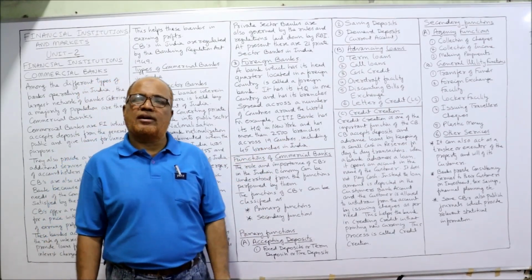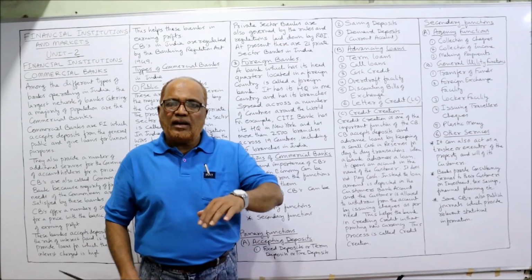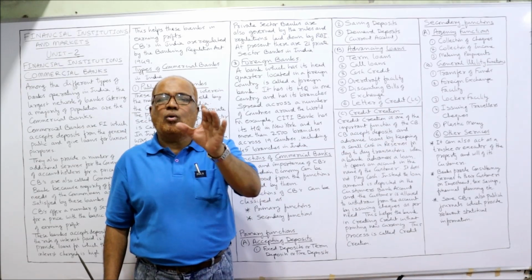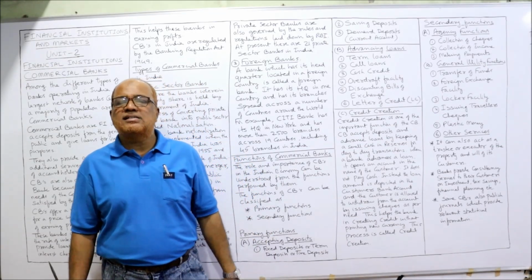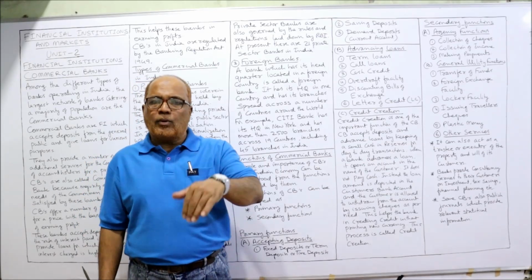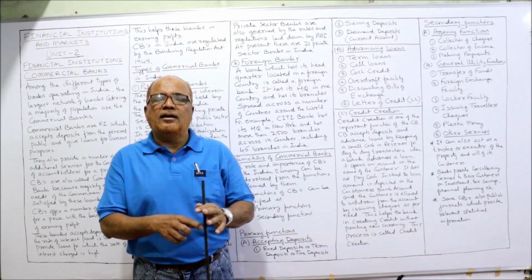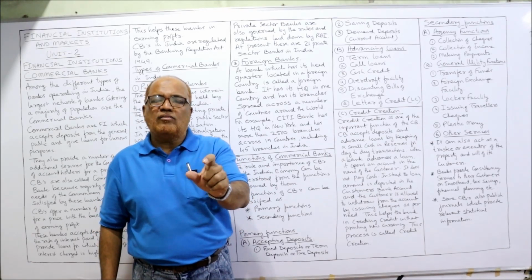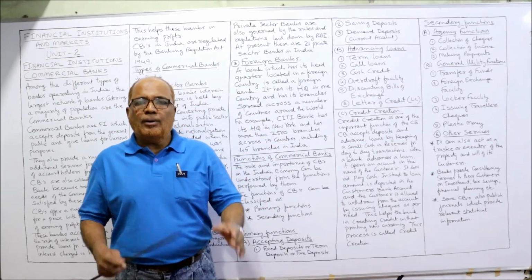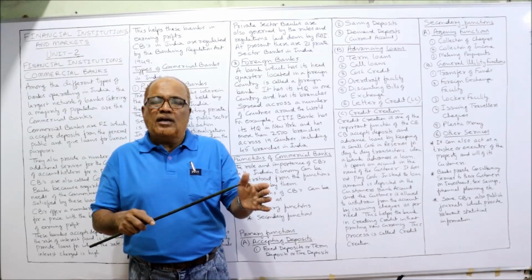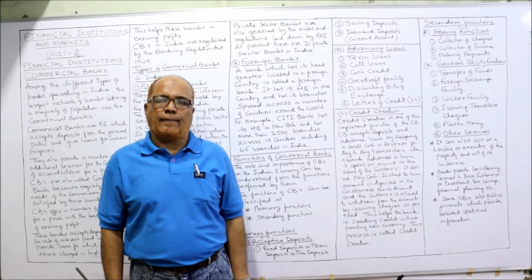Third is cash credit. In this cash credit, the loan amount will not be given across the counter. For example, if a person needs an 80,000 loan, he approaches the banker. The banker is ready to give the loan provided the amount of 80,000 will be credited to his account. The borrower's account is opened, and 80,000 will be credited by the banker.